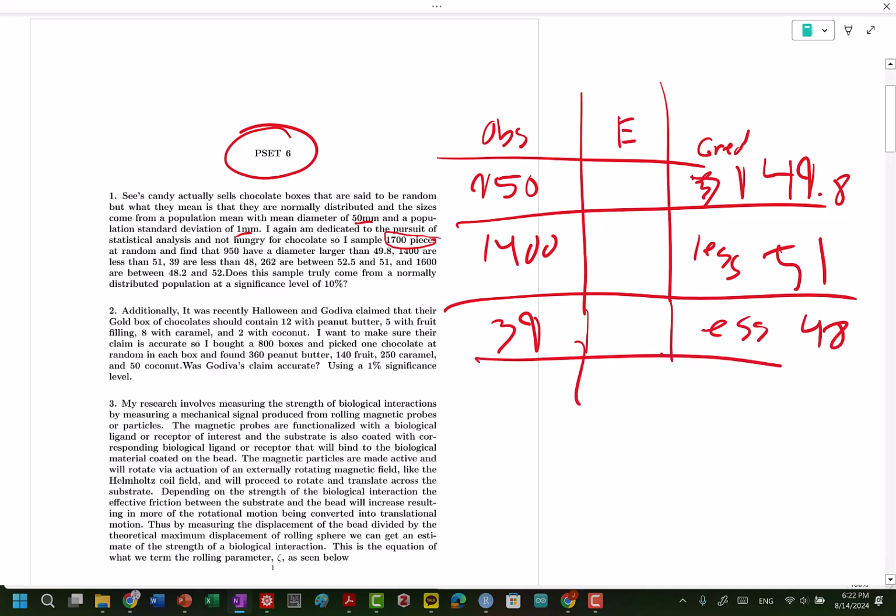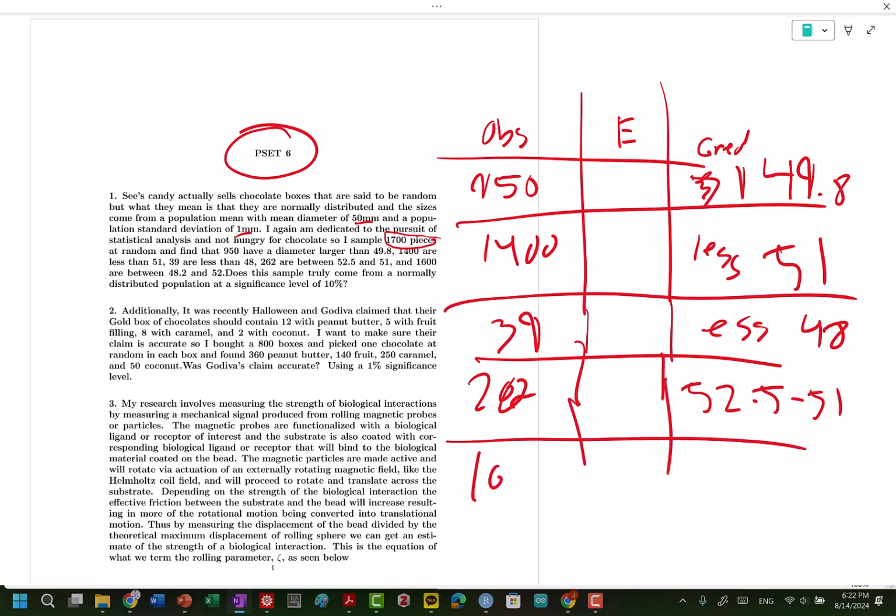We have 262 between 52.5 and 51. Excuse me, that's probably very grating. And 1,600 are between 48.2 and 52.